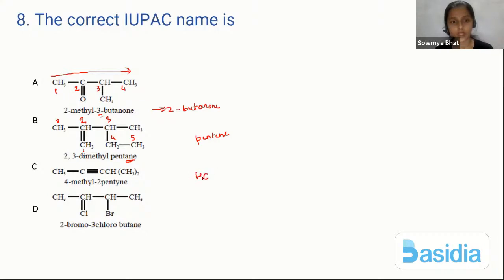4-methyl-2-pentyne. So CH3, C, triple bond C, then CH. For this 2 CH3 groups are attached. Now, if you consider this, how are you going to number it? You start from this end because a triple bond should get a lower number, 1, 2, 3, 4, 5. So at the 4th position, you have methyl group.